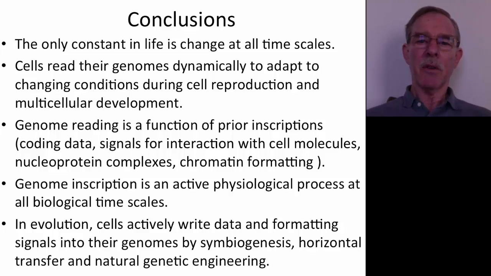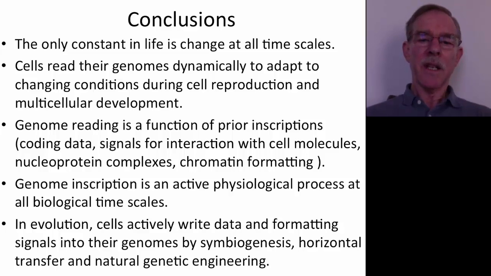Cells change as they go through the cell cycle. External conditions change, organisms undergo change, and cells undergo change during multicellular morphogenesis. Cells read their genomes dynamically to adapt to changing conditions during cell reproduction and multicellular development.